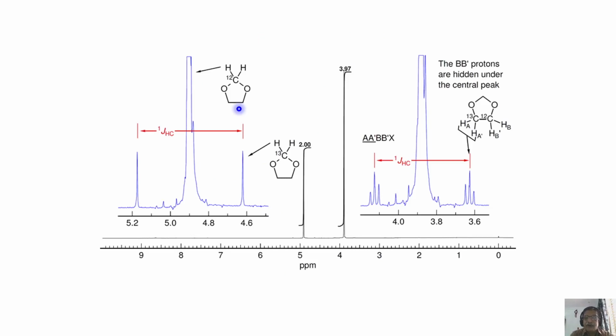So, we can extend this logic for more carbons present. How do you analyze this? See, in a molecule like this, I have 2 protons here. You understand? To make it simple, there are 3 CH2s.